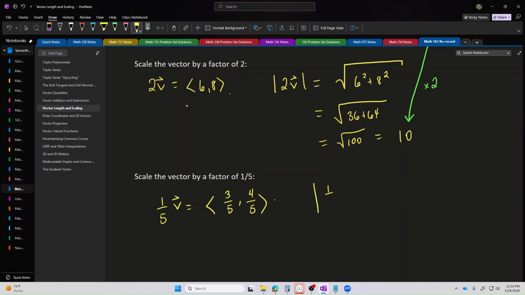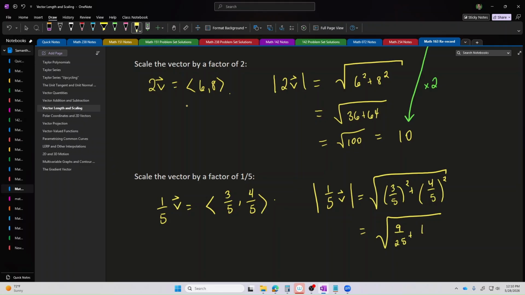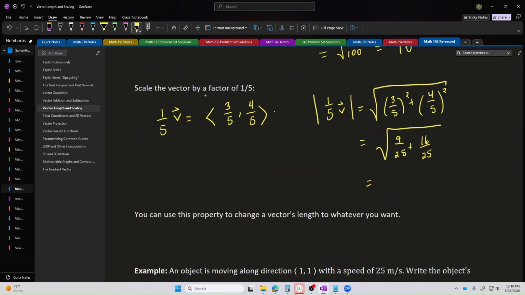If I find the magnitude of this using the Pythagorean theorem, I have the square root of 3 over 5 quantity squared plus 4 over 5 quantity squared. That's the square root of 9 over 25 plus 16 over 25. That is the square root of 25 divided by itself. That's the number 1, right?